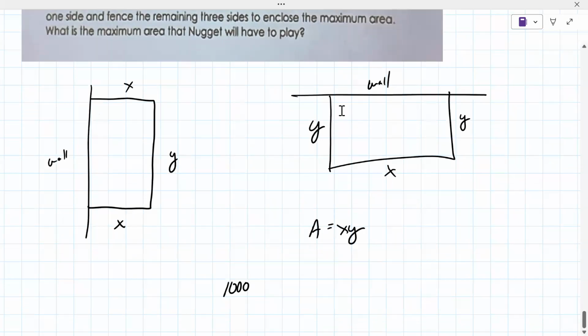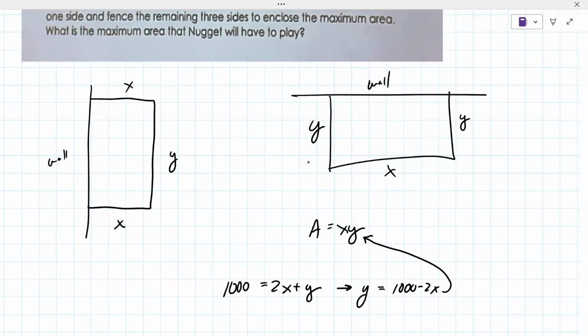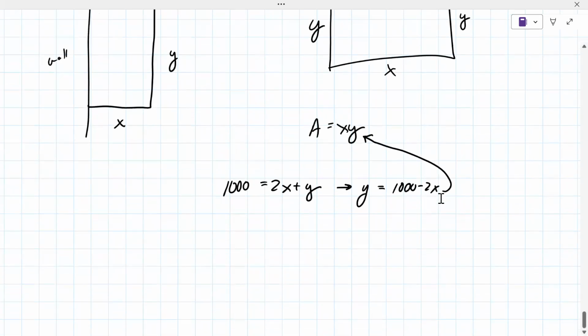You just pick the one. 1,000 equals, let's do 2x plus y. When you solve that for y, it's 1,000 minus 2x, and that goes into this equation for area. It's x times 1,000 minus 2x, which is 1,000x minus 2x squared.